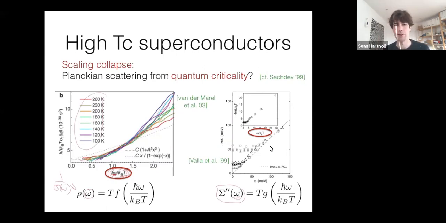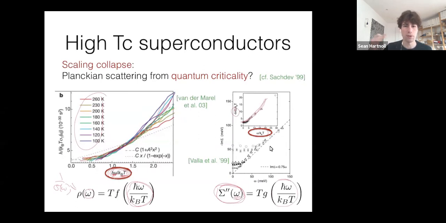The claim this plot is trying to make, though collapse is never perfect, is that it's only a function of omega over T. Similarly, this is the frequency-dependent lifetime of the single particles, as measured by ARPES. Again, this is omega over T, this is the imaginary part for different temperatures, and again the claim is that it collapses onto some curve.